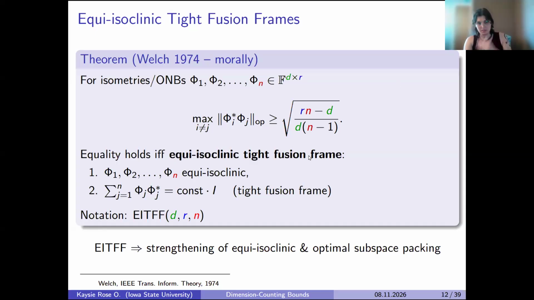And equality only happens in this bound when, one, you are equi-isoclinic, and two, you meet this tight fusion frame condition, so this sum of projections is a constant times n. Equi-isoclinic is the one we're focusing on here. If you're interested in tight fusion frame stuff, you're interested in equi-isoclinic. Okay, now we're motivated. Let's keep going.